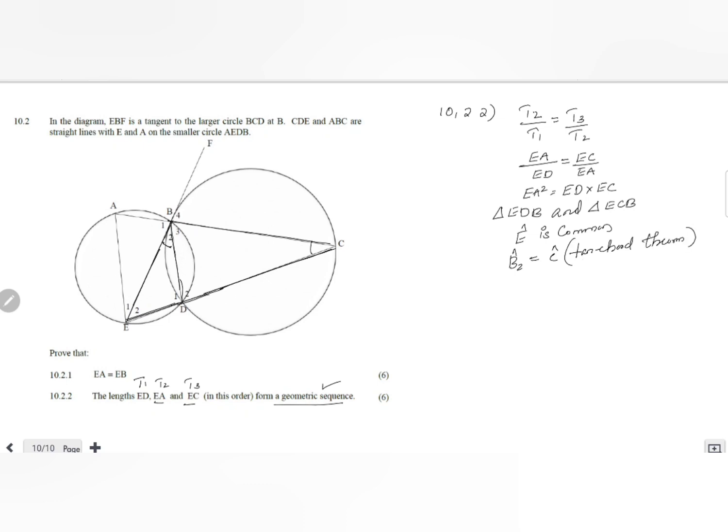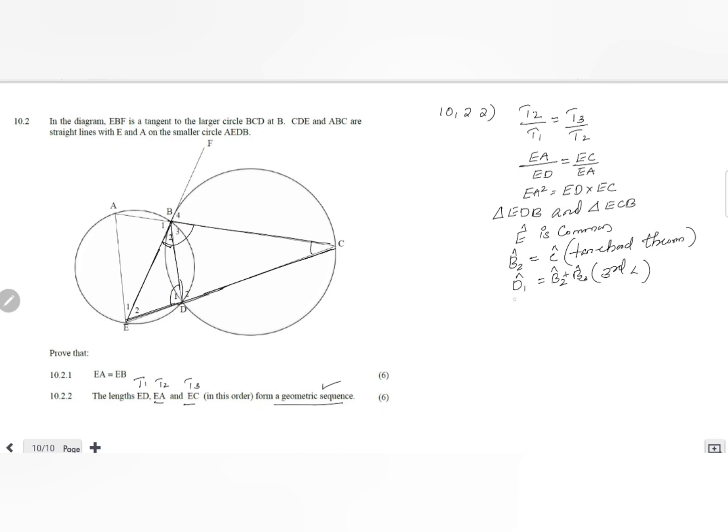Then which pair is left there? D1, isn't it? D1 is equal to B2 plus B3 of the bigger triangle. So D1 is equal to B2 plus B3. That is the third angle. Is it clear now?